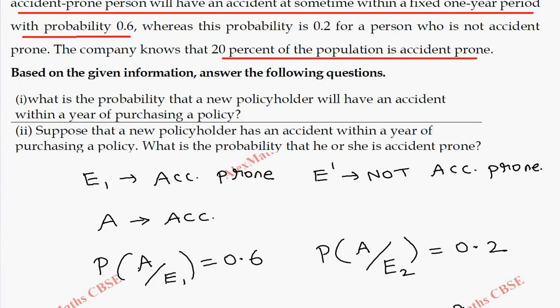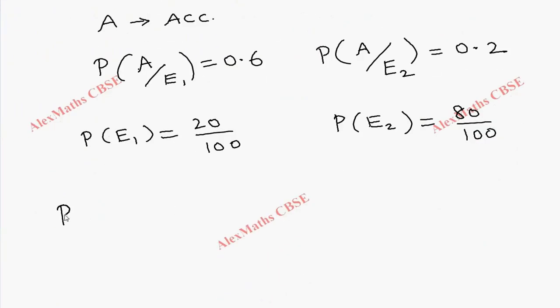Now coming to the question, the first one is, what is the probability that the new policyholder will have an accident within a year of purchasing a policy? They are asking for the probability of accident. It means the accident can happen to any of the two classes of people.